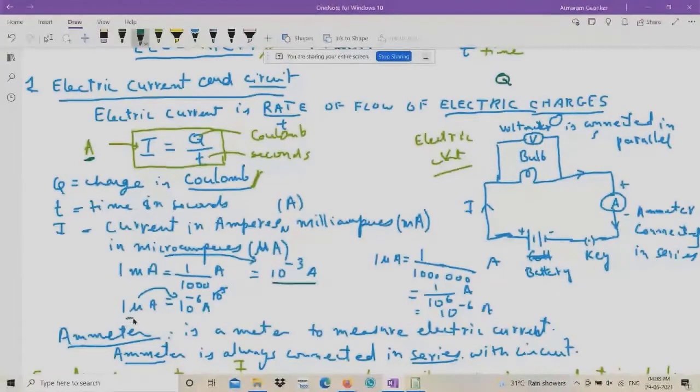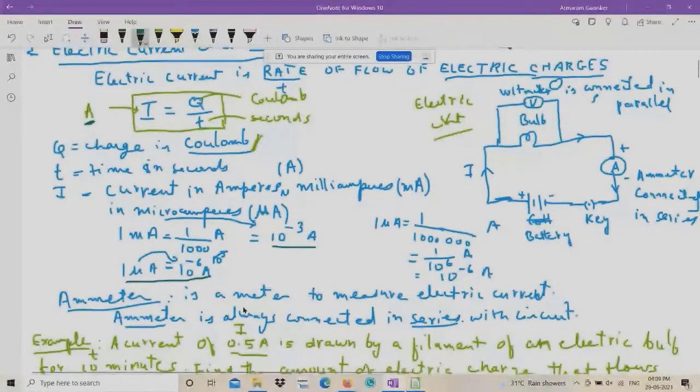And 1 microampere is equal to 10 raised to minus 6 amperes. You have to remember both these conversions, because you may be given a problem with current in milliamperes or microamperes.